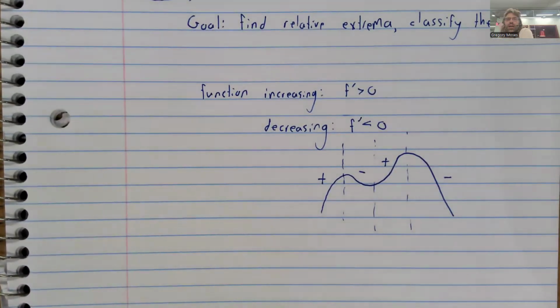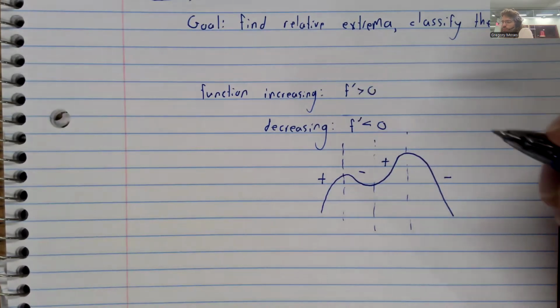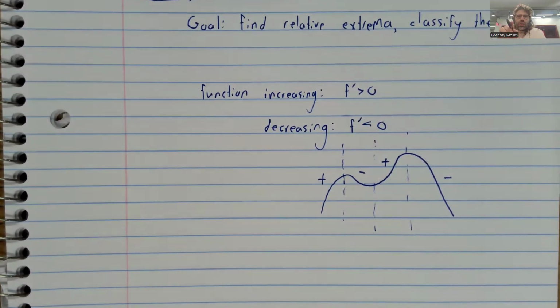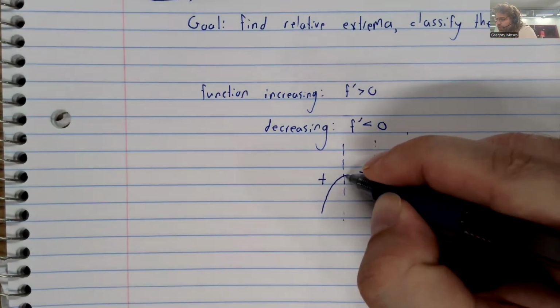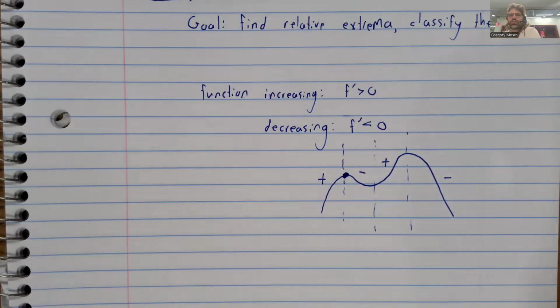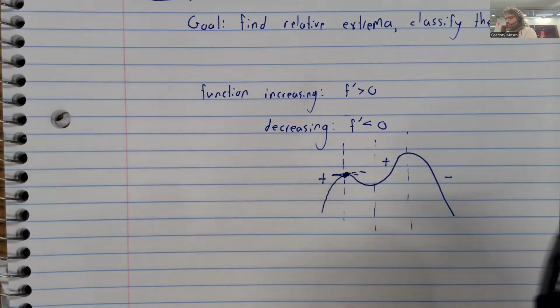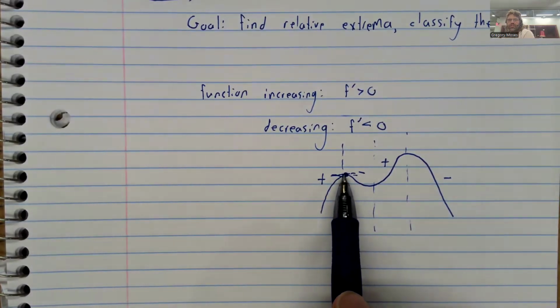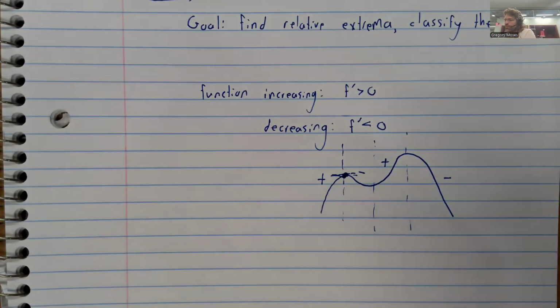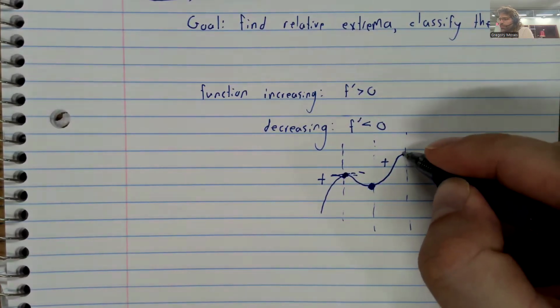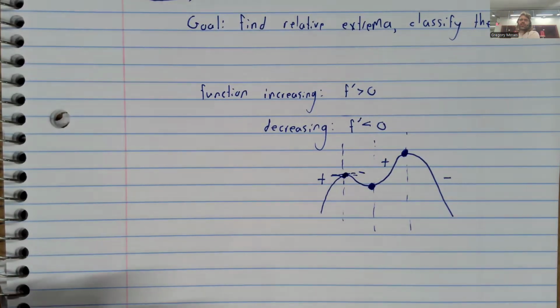And sometimes the derivative is zero. Lines have slope zero if they're horizontal. The derivative is zero when the tangent line is horizontal, which turns out to be at the first local maximum, at the local minimum, and then at the second local maximum.